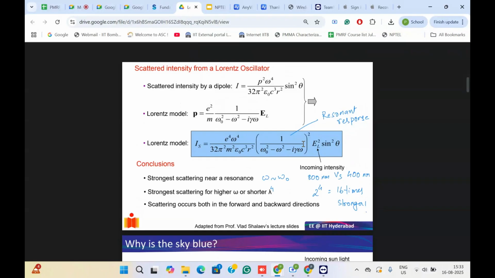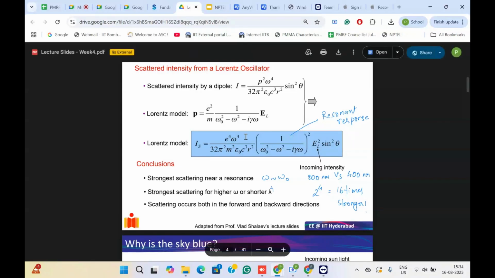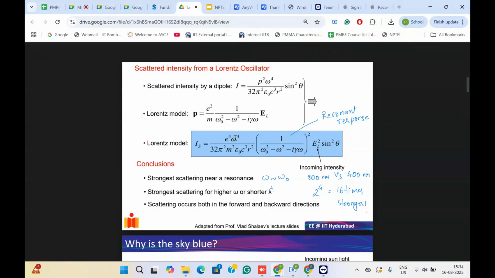So what are the conclusions from here? The strongest scattering is near resonance, which means omega will be equivalent to omega naught, and stronger scattering for higher omega, or we can say shorter lambda. We can see that it has a dependency of omega raised to the power 4.